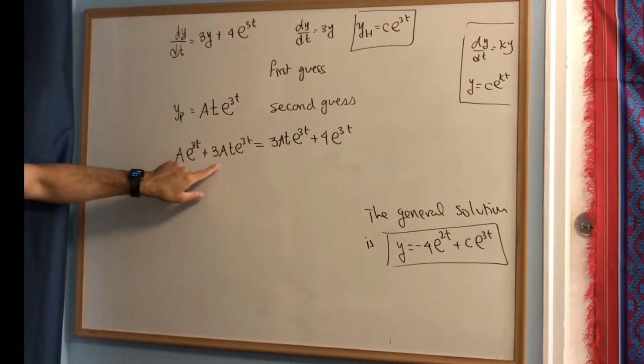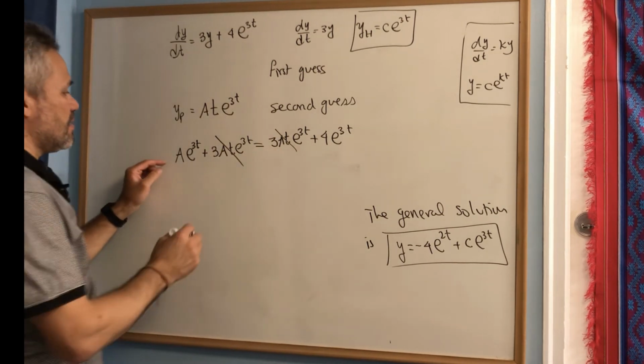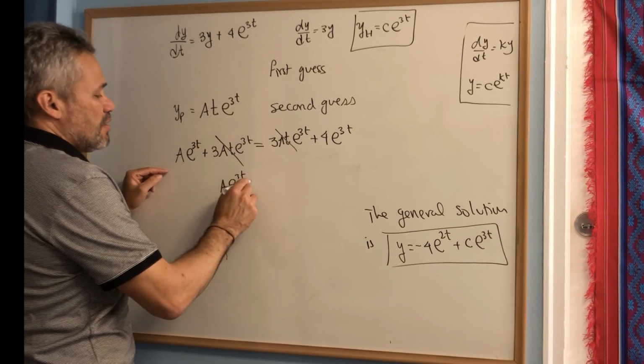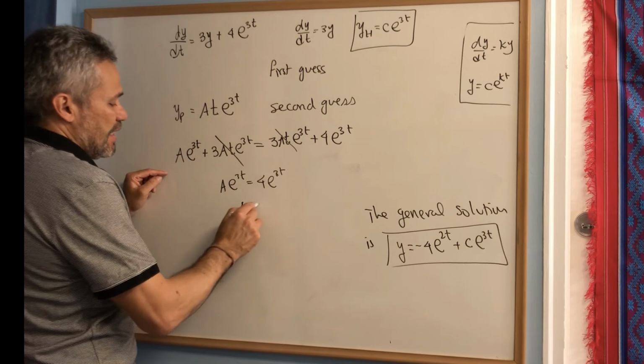Let's see. We have that these two parts cancel out. Then we have that a e to the 3t must be equal to 4 e to the 3t, and then a equals 4.